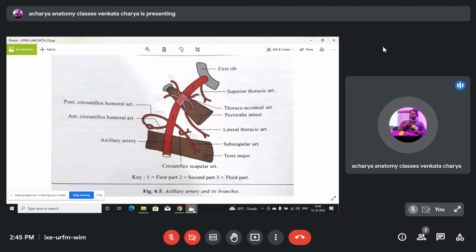And this one is the brachial artery. The brachial artery gives the arteria profunda brachii towards the radial side.